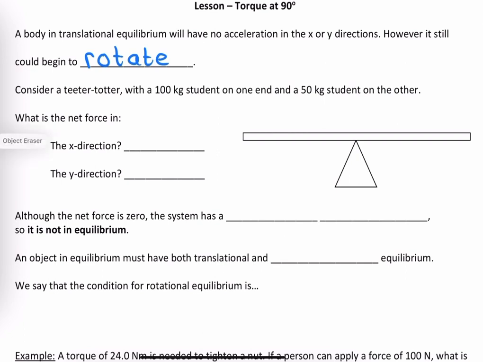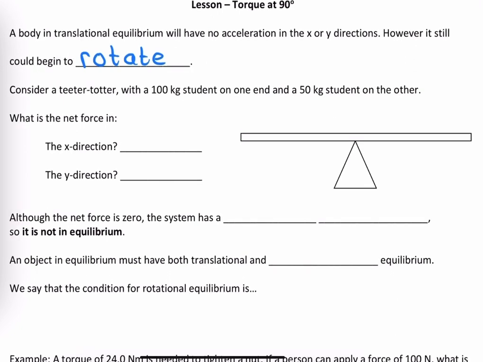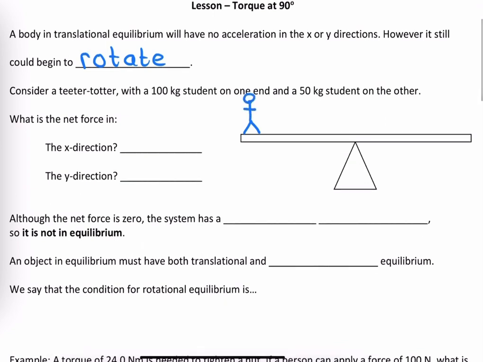Consider a teeter-totter with a 100 kilogram student on one end and a 50 kilogram student on the other. Okay. And I'm interested, what would the net force be on this teeter-totter in the x direction and in the y direction?